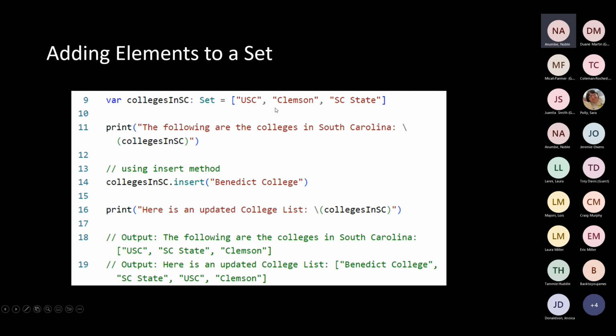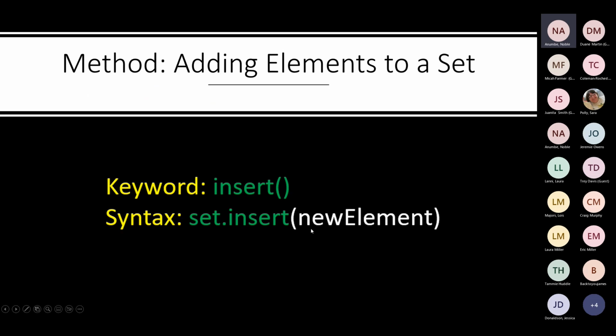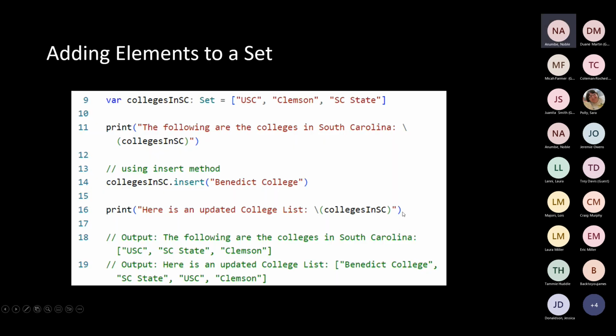Set is going to reduce the duplication and just give you one for each of the schools. But then in this place, we are trying to insert Benedict College because Benedict doesn't appear. And then all we do is dot insert, and then we include the new element as shown here, right? And then once you run it, all of a sudden Benedict has been included here. The following are colleges in, this was the first reading, and then when you inserted, you now got this.